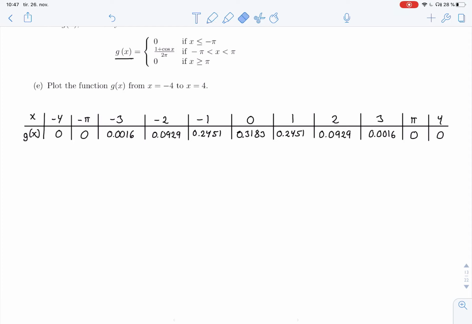Remember to set your calculator to radians, because if it's in degree, you will get the wrong answers. The reason why you can see that you should use radians is that there's a pi several places. If it had been degrees, you would get degrees in the axis.